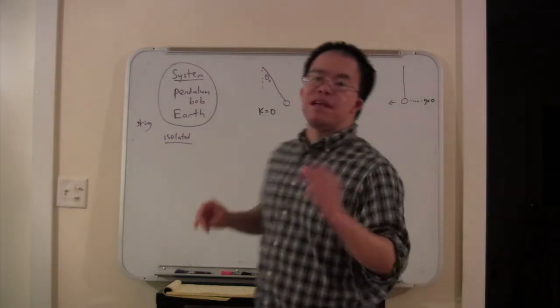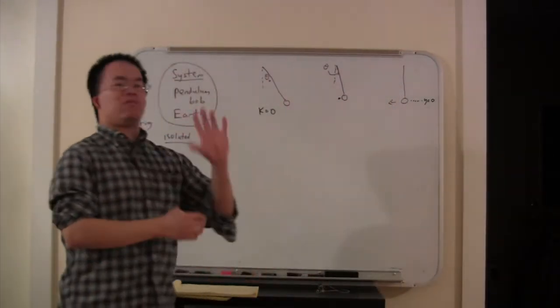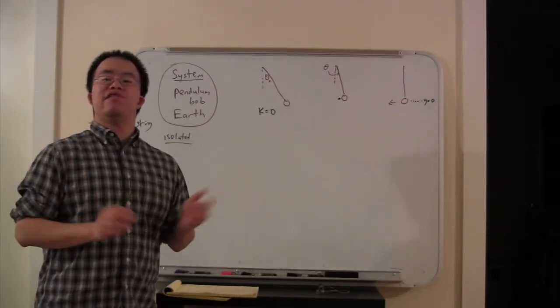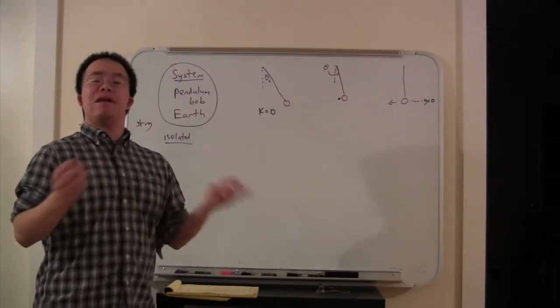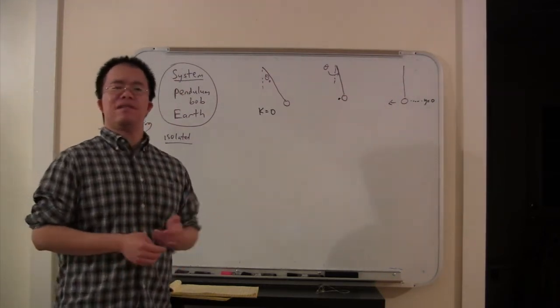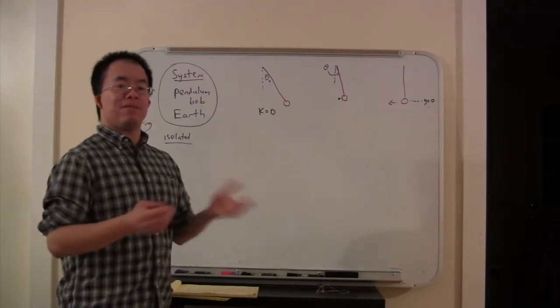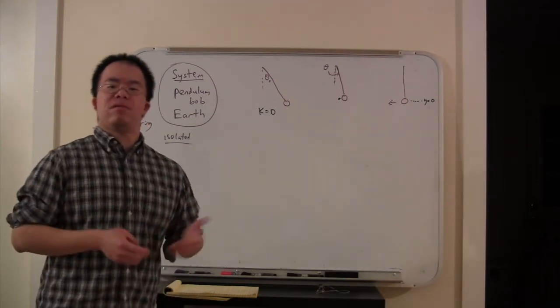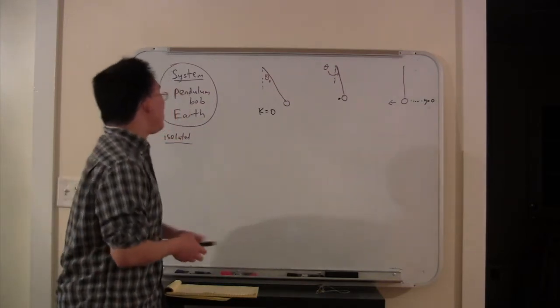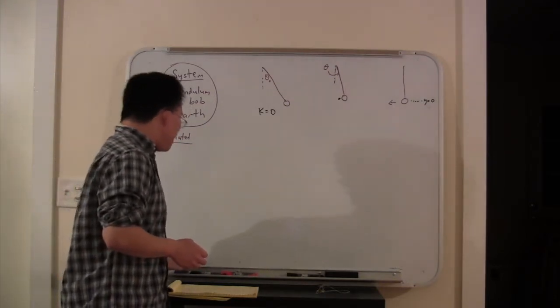Not to belabor things too much, but just to draw a picture of what's going on, I want to draw an energy bar chart, the way you probably did if you took 117 with me, and I'm pretty sure you did if you happen to have taken it with, say, Matt Price or Kelly Sullivan. So let's go ahead and do that.